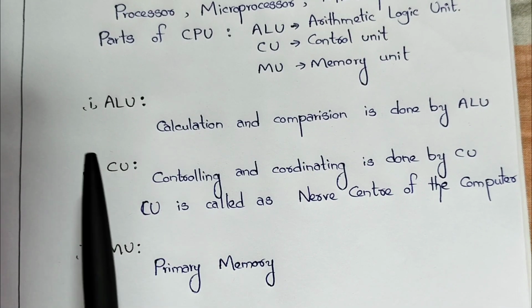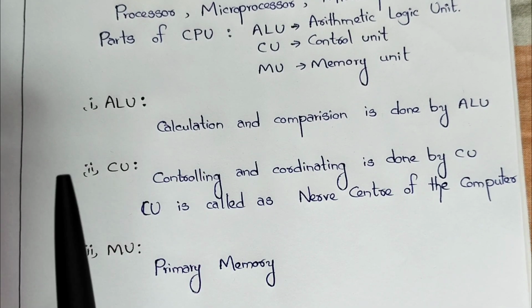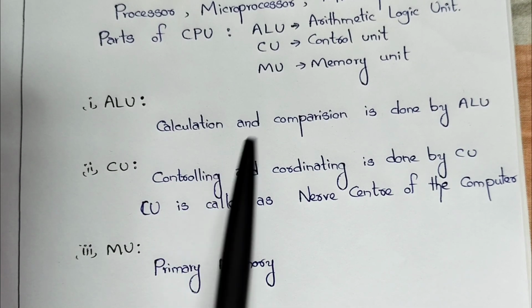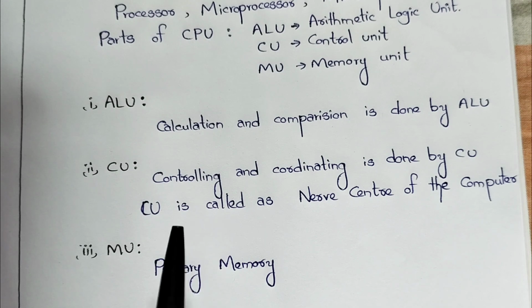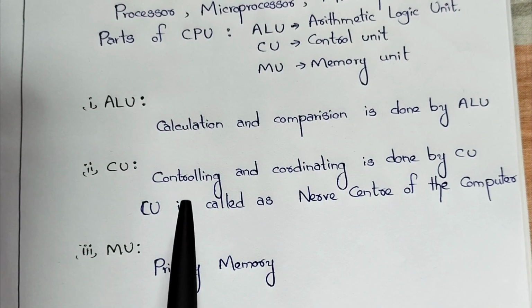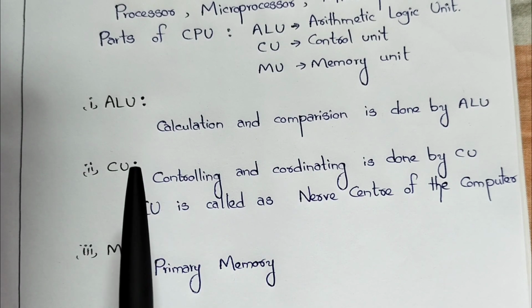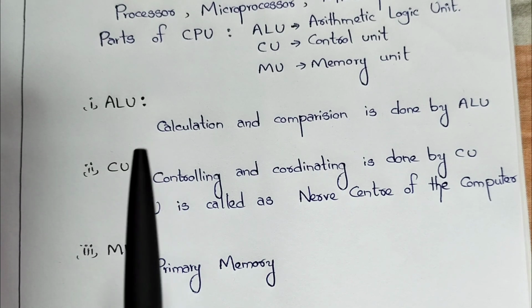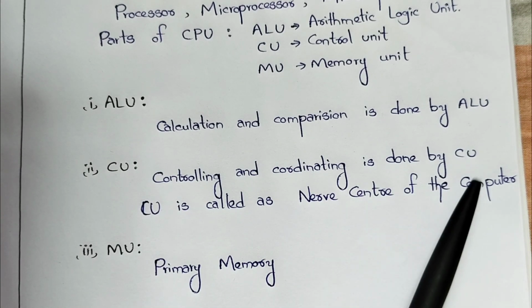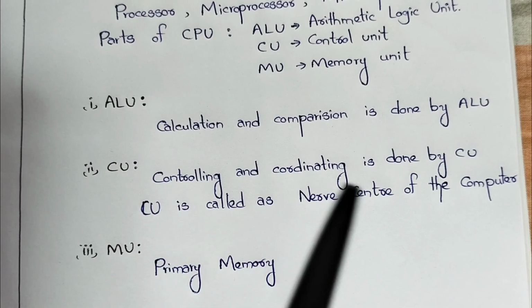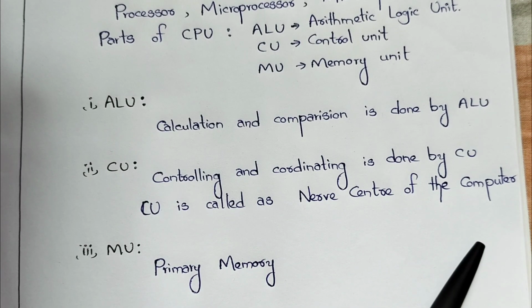Arithmetic logic unit is a unit which is used for calculation and comparison. Using the arithmetic logic unit we will do the calculations and comparison. Control unit, as the name itself suggests, controlling and coordinating is done by the control unit, and this control unit is also called as the nerve center of the computer.